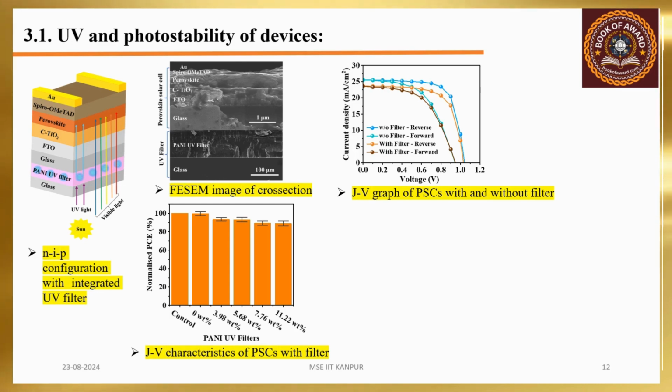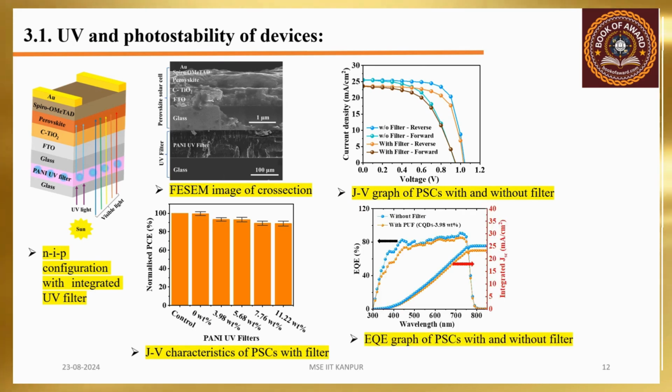The slightly reduced current density is also confirmed by the external quantum efficiency graph of perovskite solar cells. This also confirms the current density obtained with and without Pani UV filters.